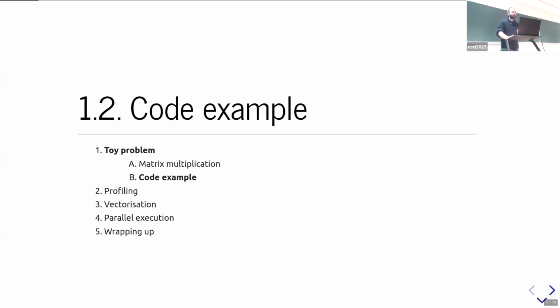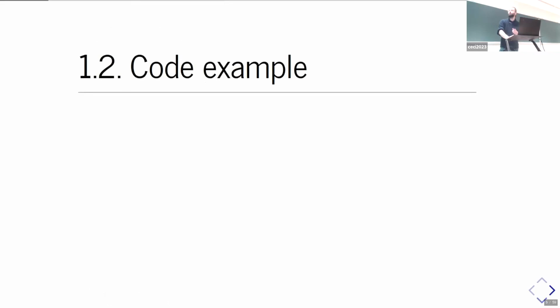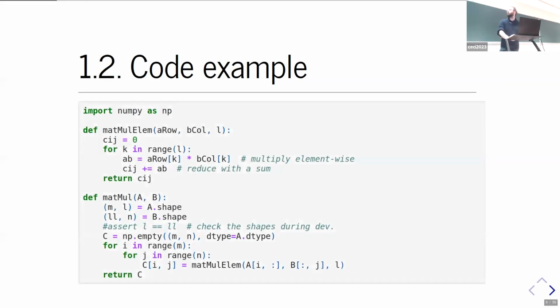Now that we know the algorithm, I will show some code examples. As before, the first implementation is not the best one, of course. There are 2 steps. The first function computes one element of the matrix C. For Cij, I have 1 row of A and 1 column of B, and here I have the size of those 2 vectors.